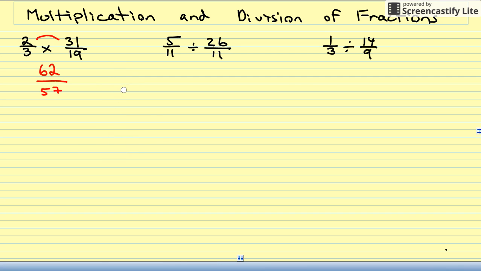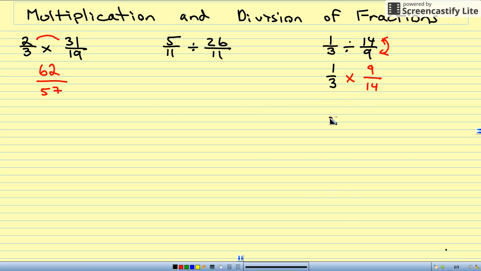So next one I've got, division. Whenever you do division, what you are going to do, very simple, you are going to change it to multiplication, and you are going to take the reciprocal of the last number. So it becomes multiplication, and it becomes 9 over 14. Keep everything else. Just change it to multiplication, take the reciprocal. Boom.